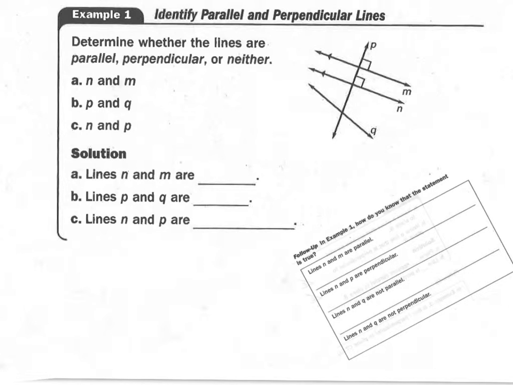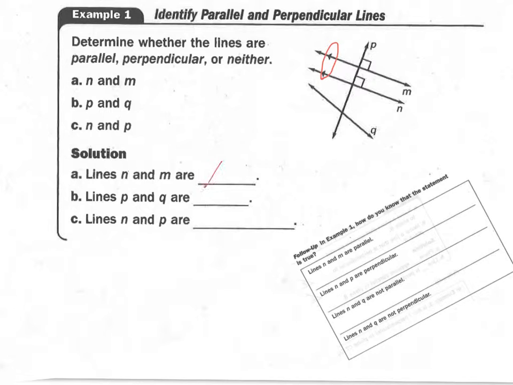Determine whether the lines are parallel, perpendicular, or neither. Lines M and N, they are right here on the diagram. And for these two, the answer is that they're parallel because the author of the book gave it away. These two arrows on each line mean that line M and line N are parallel to each other.